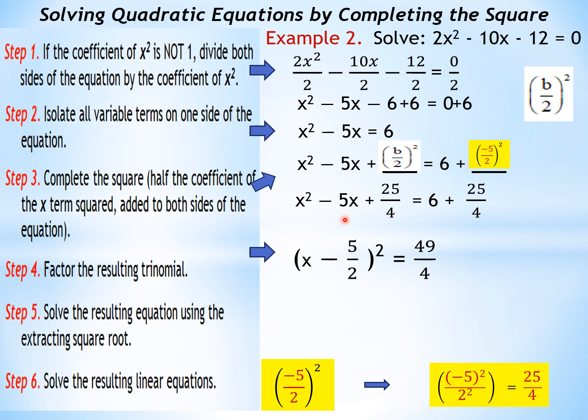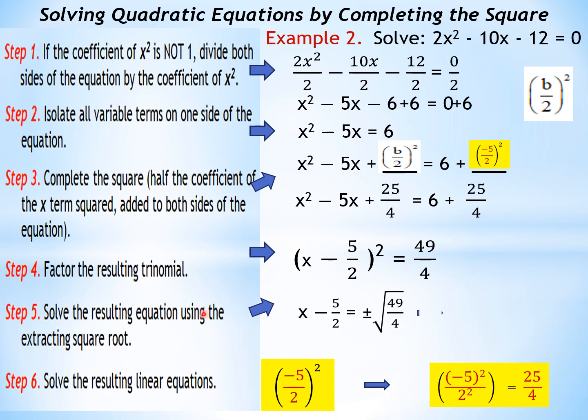So, paano natin ma-check kung tama yung negative 5? So, multiply natin, that is 5 halves x. Then, double natin, magiging negative 10 halves x. So, 10 divided by 2 is 5. So, negative 5x. So, tama ulit.